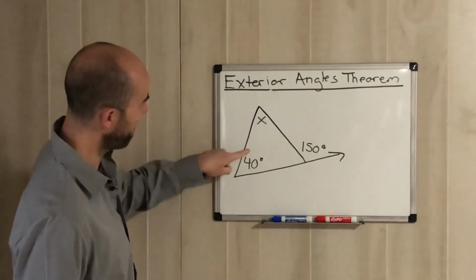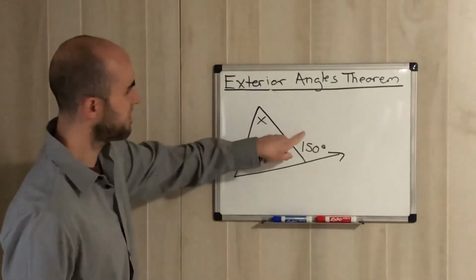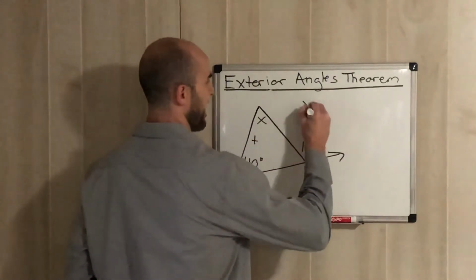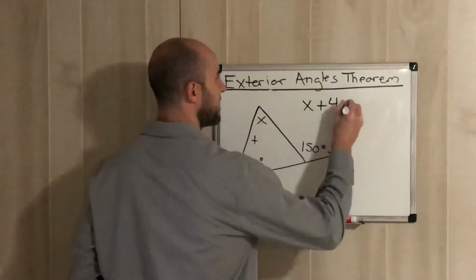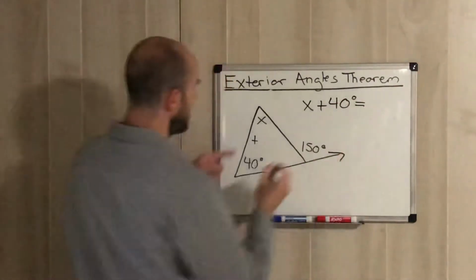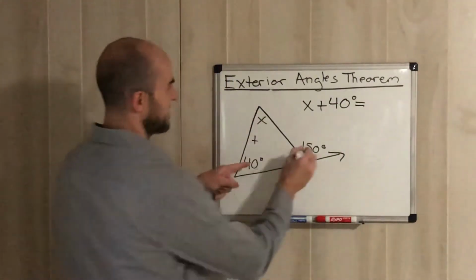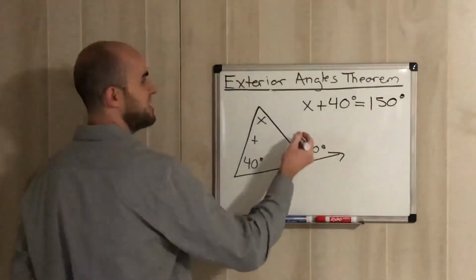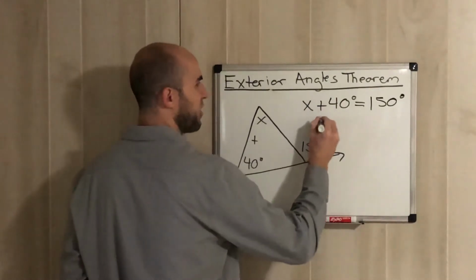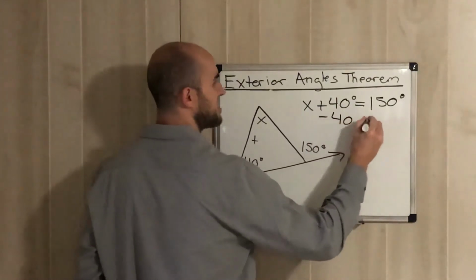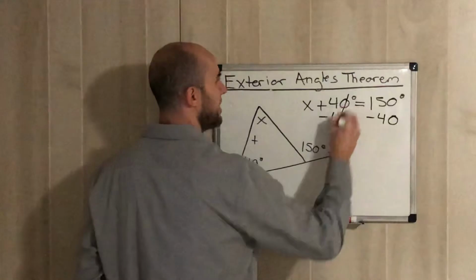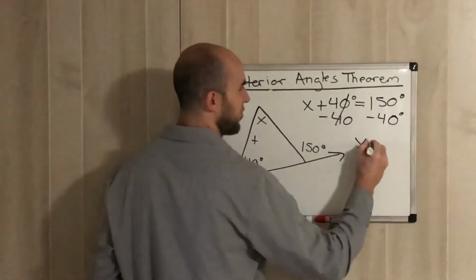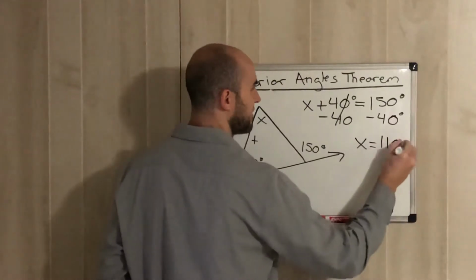So we're saying that 40 plus something equals 150, and we can write that out. We know that x plus 40, those two interior angles, is going to equal 150. And once you have that, now it's easy to solve for x. Get rid of the 40, cancel it out. Opposite of addition is subtraction, so subtract. That cancels, right? And now we have 150 minus 40 gives us 110.